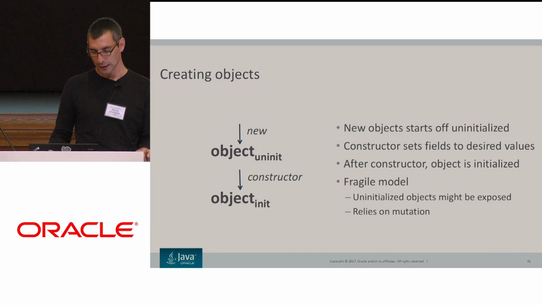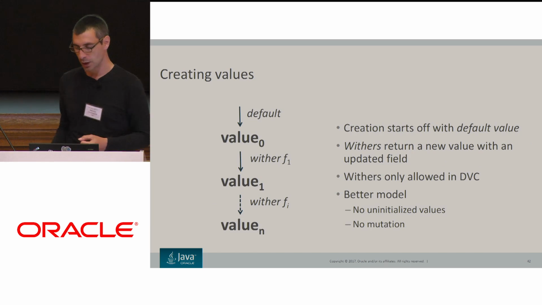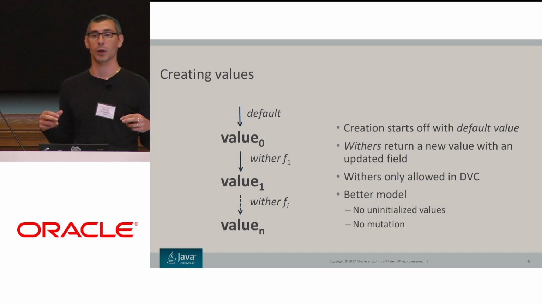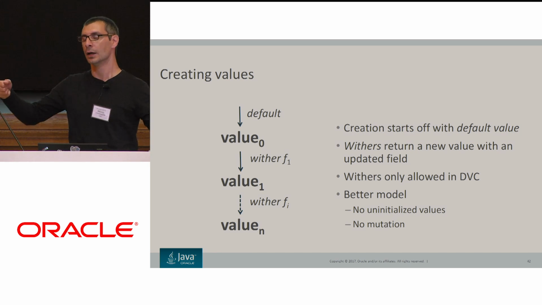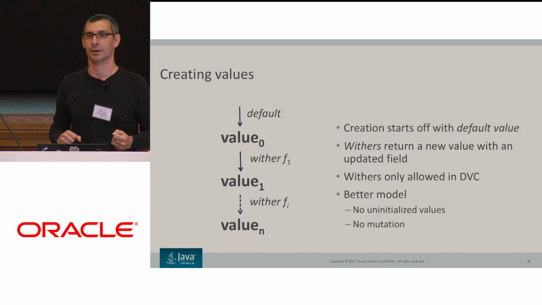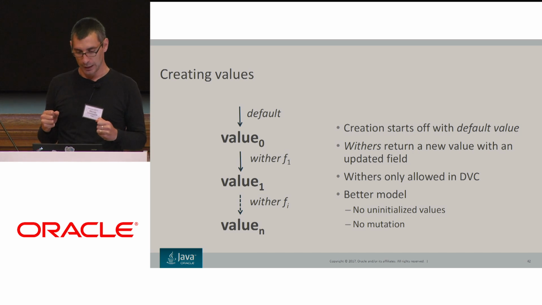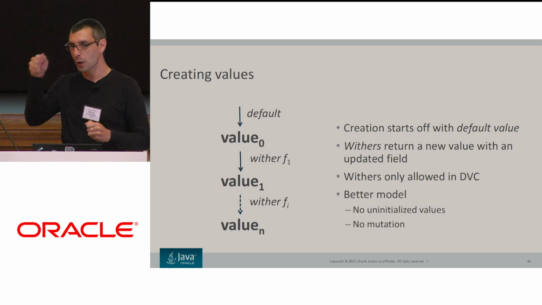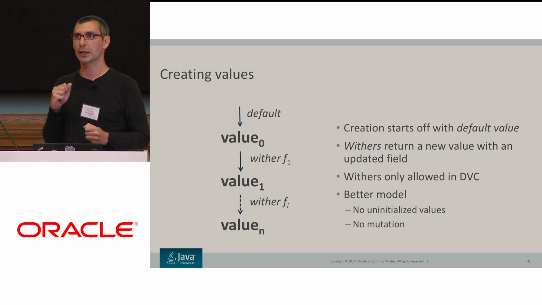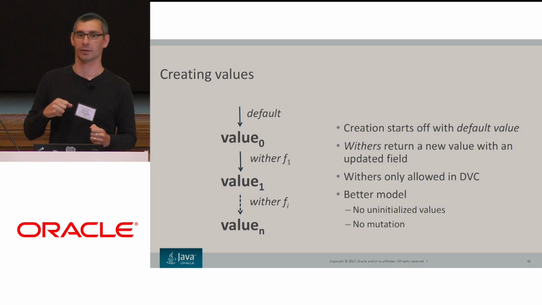For values, what we'd like to have is something more stable, where we start off with what we call a default value, which is really a value of the right width with all zeros inside. That's the default value. And starting with that, you basically update one field at a time. But this update operation is not a mutation-based update.